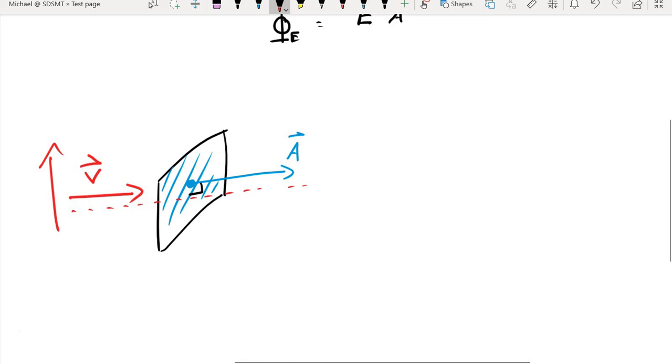And so there becomes a noticeable relationship between the angle that our air flows with respect to the direction that the area vector is pointing. We're obviously going to get more airflow through the window if we have the air flowing in the same direction as what the area vector is pointing.